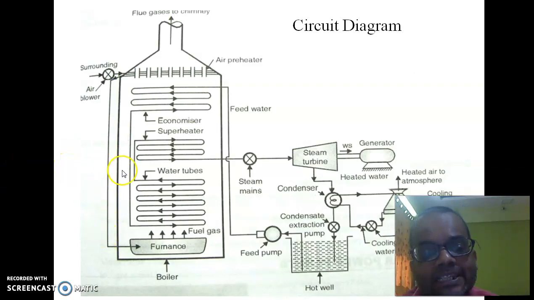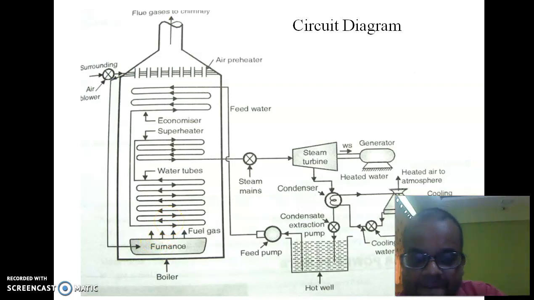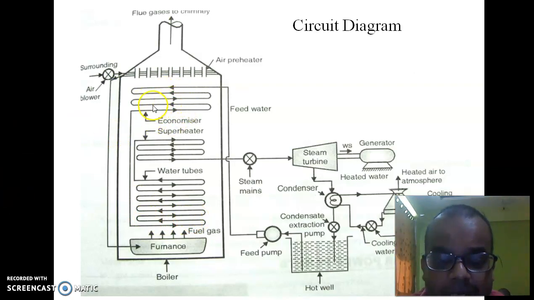So instead of directly connecting the water tap to the boiler tubes, we first pass the water through this economizer. Here the cold water is heated by the same flue gases from the boiler, so it is converted into preheated water.